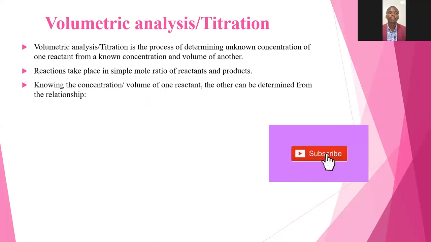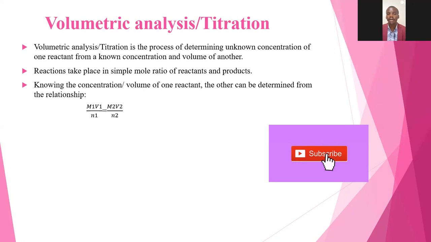Knowing the concentration and volume of one reactant, the other can be determined from the relationship. So if you know the concentration and volume of one reactant, you can determine the other using the relationship, and the relationship is this one.